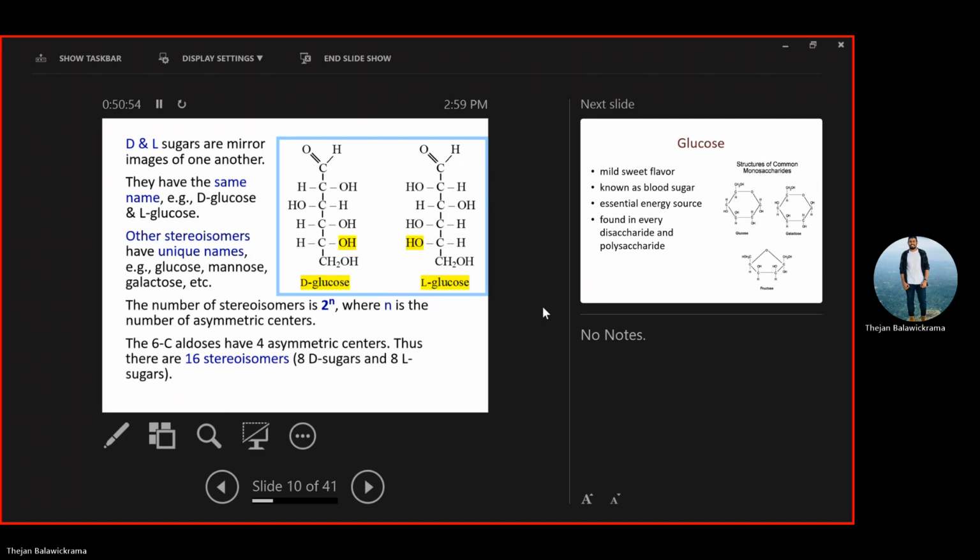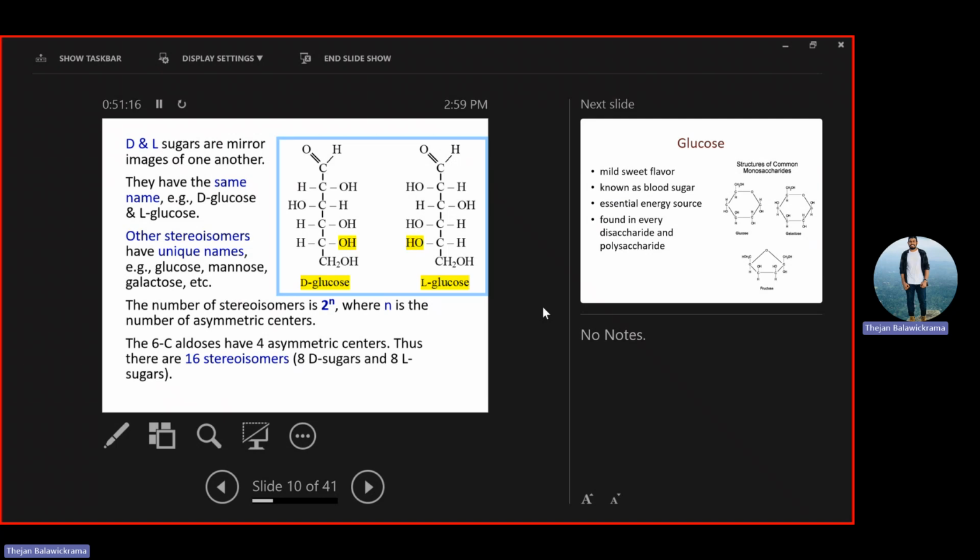Remember, to find out the number of different optical isomers, the formula is 2 to the power n. Why 2? Yes, 2 mirror images. What is n? The number of chiral carbons.